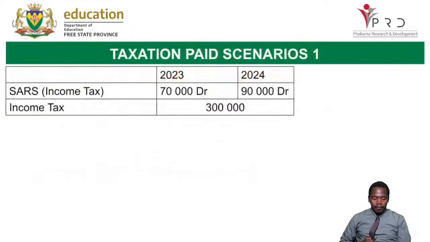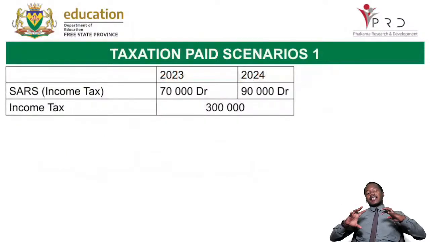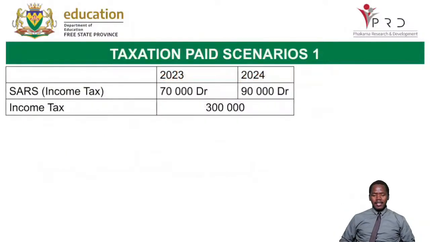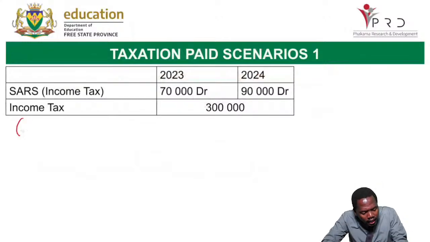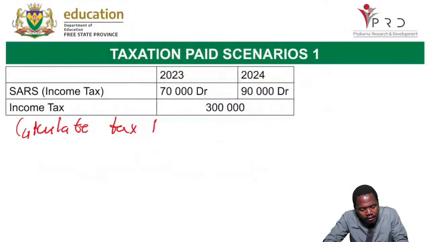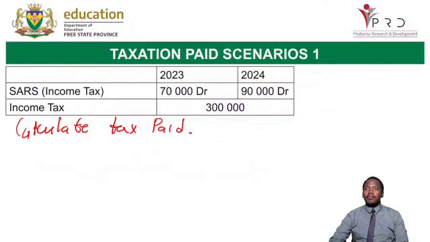Okay. Now, can we now look at the tax paid? How is tax paid calculated generally? I want us to be practical. The question says, calculate tax paid.